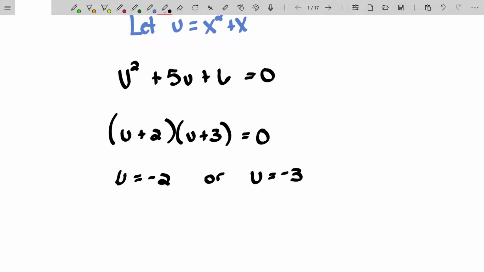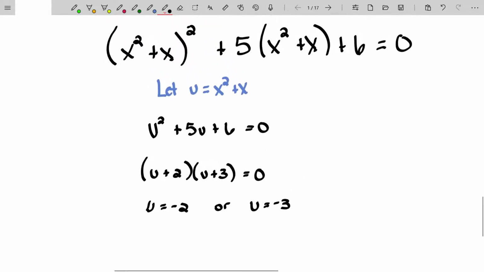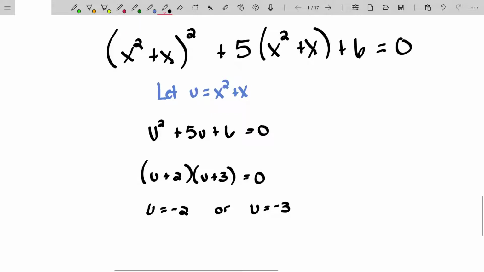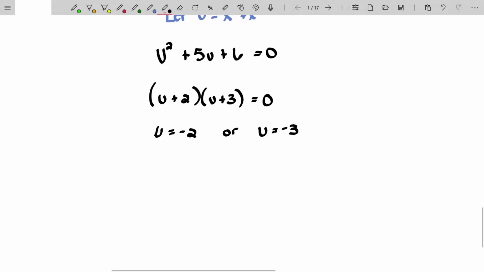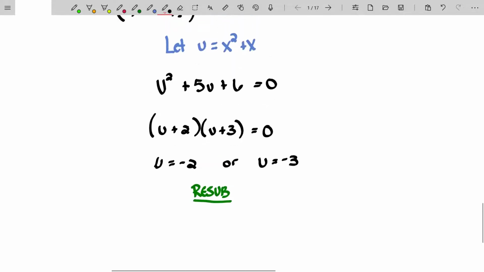Now, as I would tell my students in an algebra course, you didn't start this problem in the world of u. You started in the world of x. And so you have to resubstitute back into the world of x. That's a very important step. You resub back into the world that you originally started in. We know that u is equal to x squared plus x.